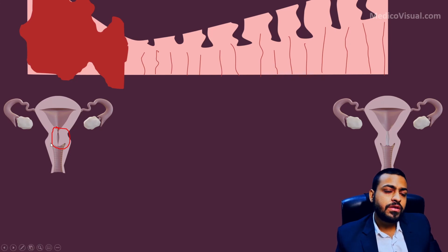So here the mucus was dry, but at this point the mucus is very thin and watery. The significance of this is that this thin and watery mucus allows the sperm to easily go inside. Of course, there are many other changes that occur, but I don't think we should discuss all the changes here because that should be discussed in a separate lecture.